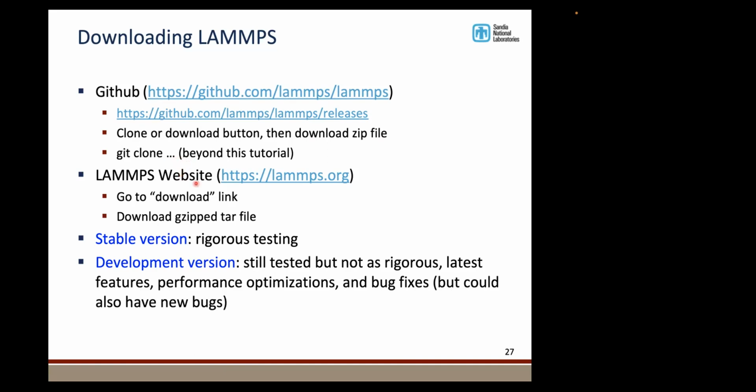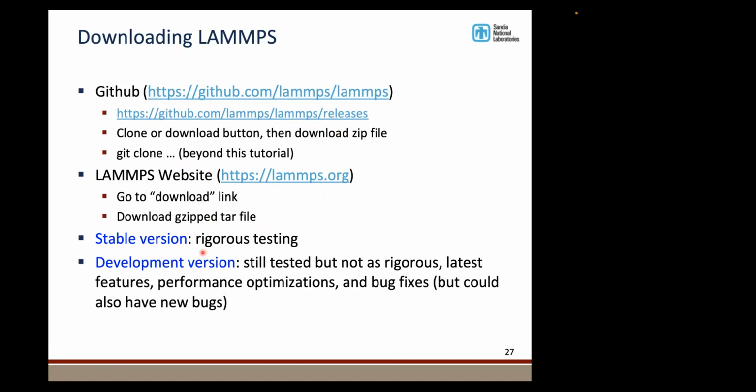You can also go to the LAMMPS website, go to the download link, and also get a gzip tar file. So you can download either a stable version or a development version. The stable version is going to have a lot of rigorous testing, but it's going to be a little bit older. The development version is kind of the latest head of development.